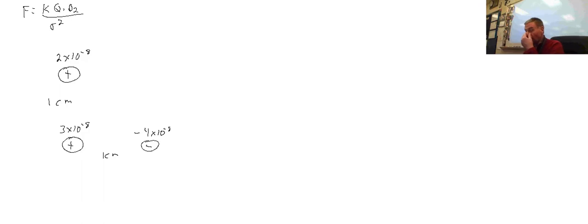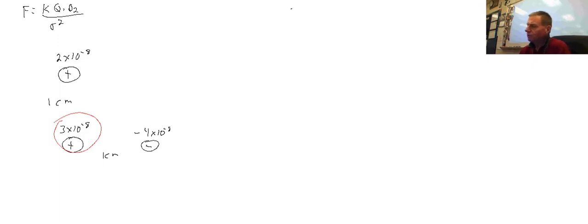So what have I got? Well, I no longer have just a one-dimensional problem. I've got a two-dimensional problem. And I would like to know what the force is going to be on this corner charge due to the other two charges. So how do I handle this?